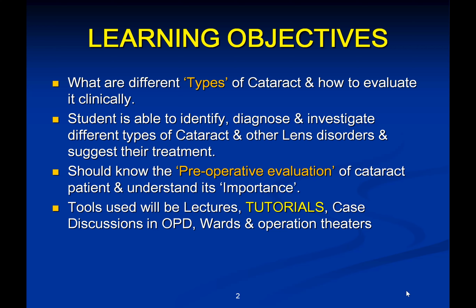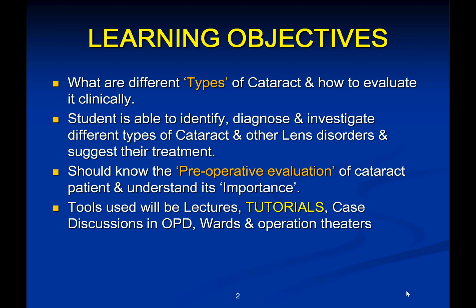So, objectives of today's lecture are: we should know different types of cataracts and how to evaluate them clinically, and you should be able to identify, diagnose and investigate different types of cataract and other lens disorders and suggest their treatment.